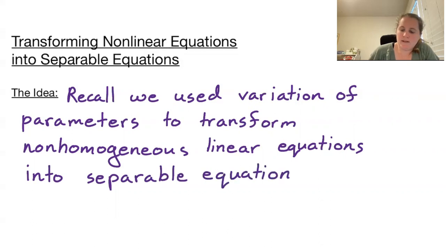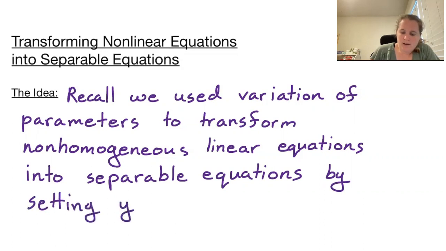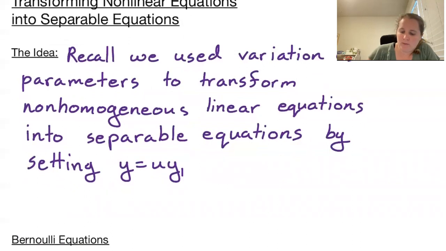And the way we did this was that we did this by setting y equal to u times y1, where y1 was a solution to the corresponding homogeneous equation.